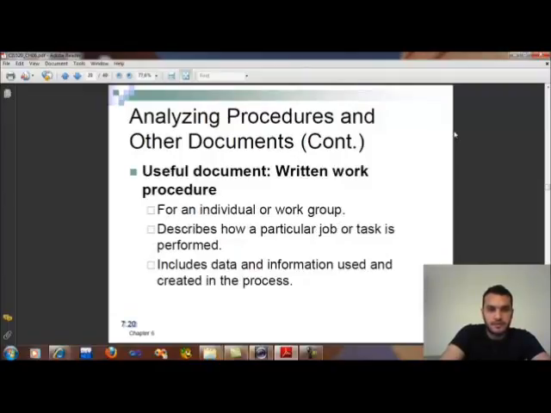And we can continue here with a useful document, the written work procedure, for an individual or work group, which describes how a particular job or task is performed, and includes the data and information used and created in the process.